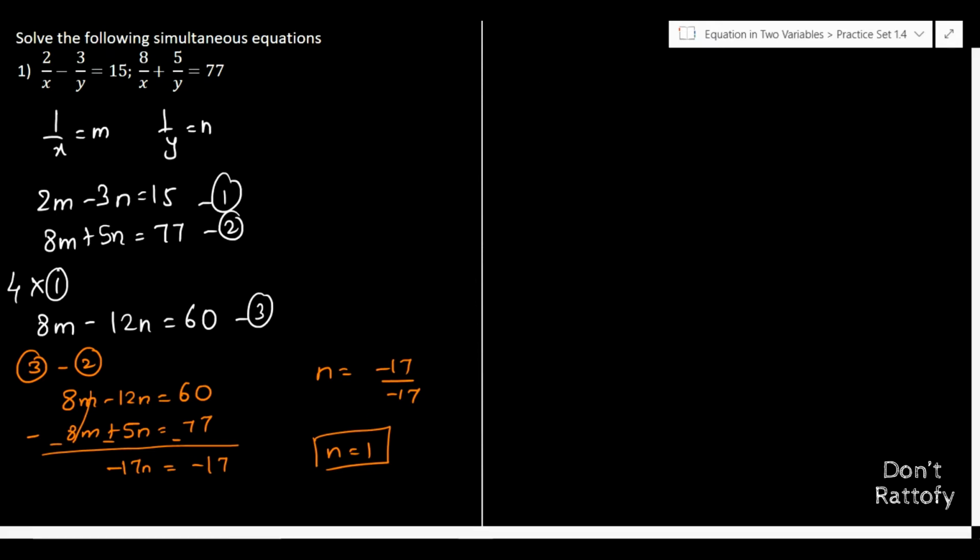Similarly, I'll substitute the value of n in one of the equations, right? So I'll write here, substituting n is equal to 1 in equation, let's say 2. If we do so, I'll get 8m plus 5, instead of n I'll write 1, is equal to 77, right?